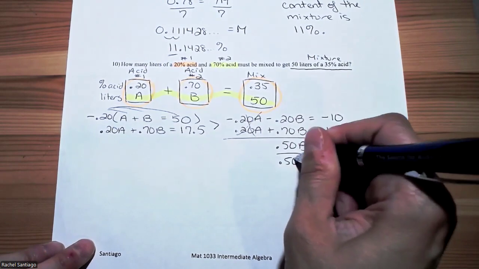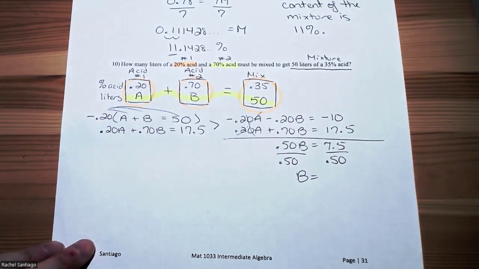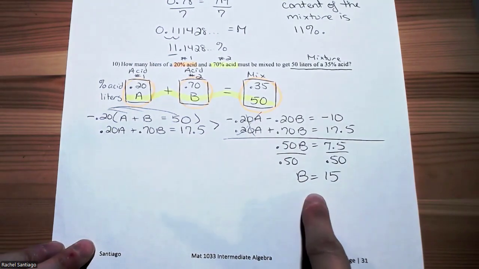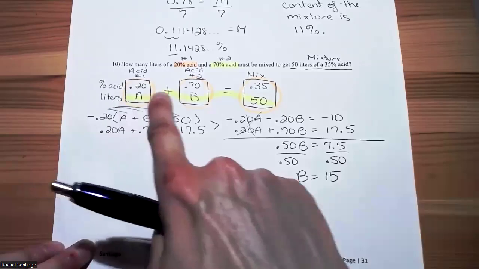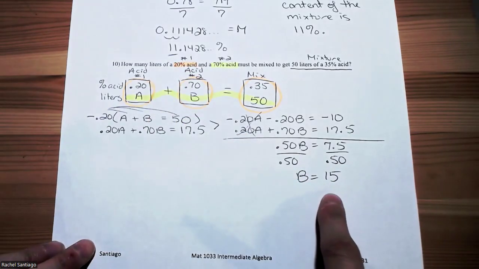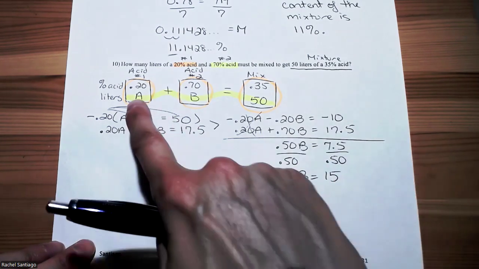Last step is to divide by 0.50. So we have B is equal to, let's punch in 7.5 divided by 0.50, and that's going to leave me with 15. Immediately, I'm looking back in my chart and I'm seeing that B is the number of liters of acid 2. So I just found that 15 liters is the amount of acid 2. Super cool.